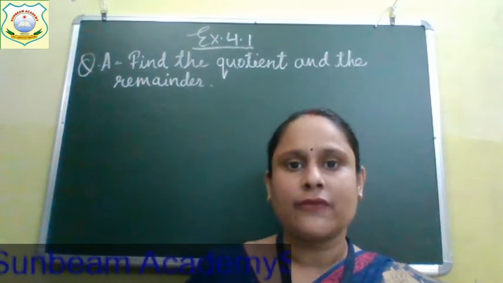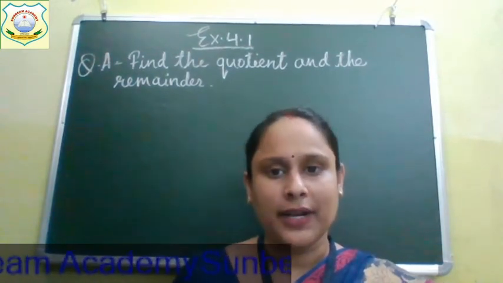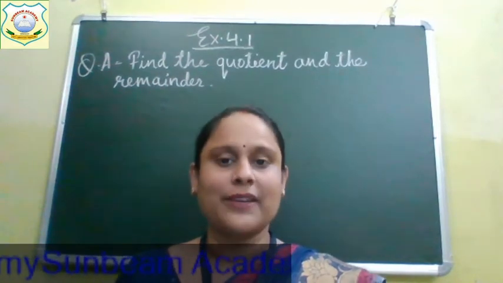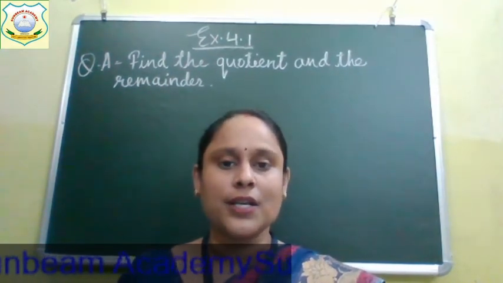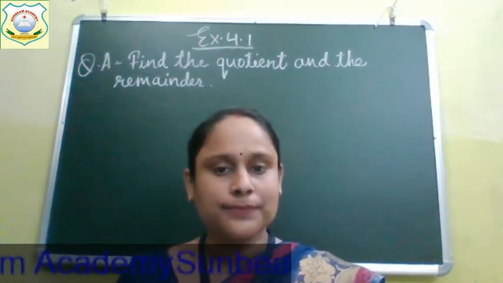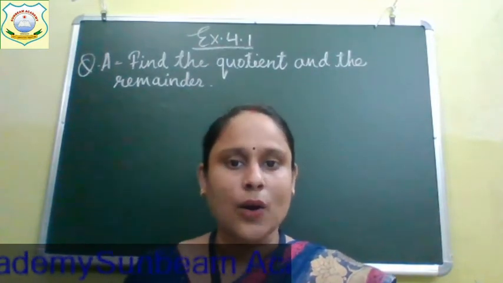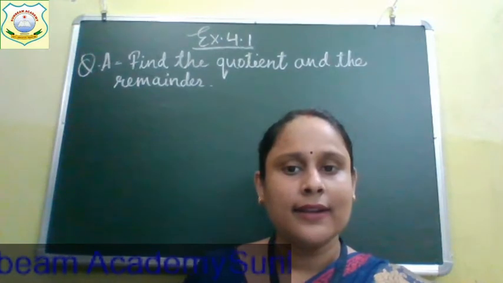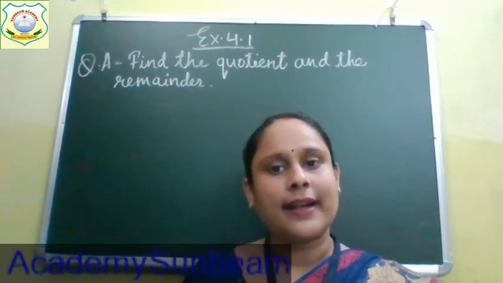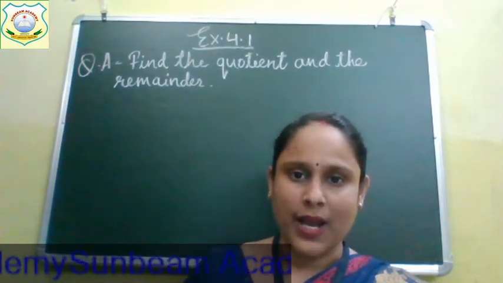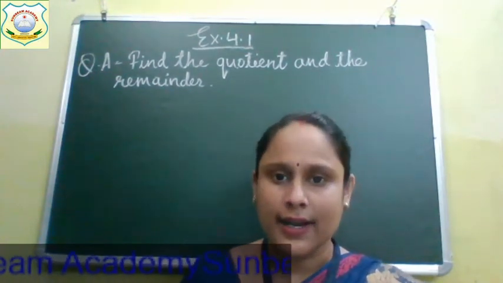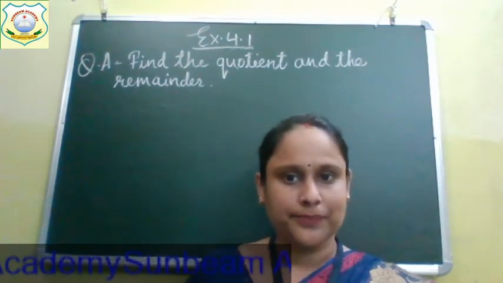Question A is: find the quotient and the remainder. So what is the meaning of quotient? I have told you in the previous class. Quotient means the answer that we get on dividing a number. And what is remainder? The number that is left in the end is known as remainder.